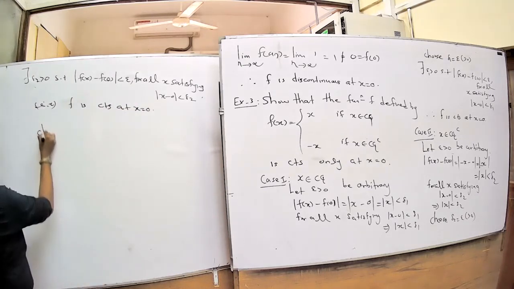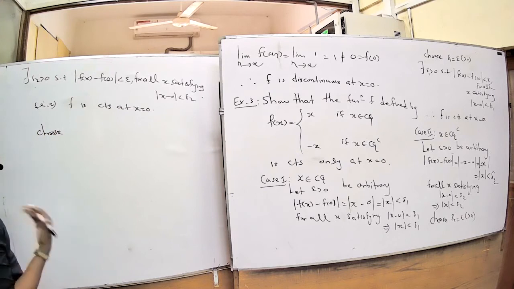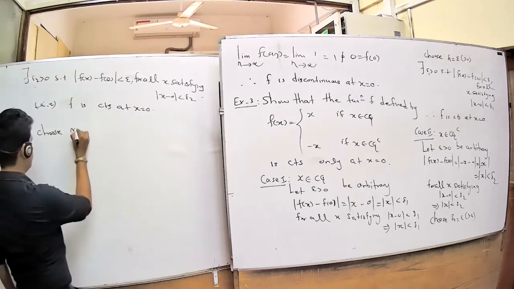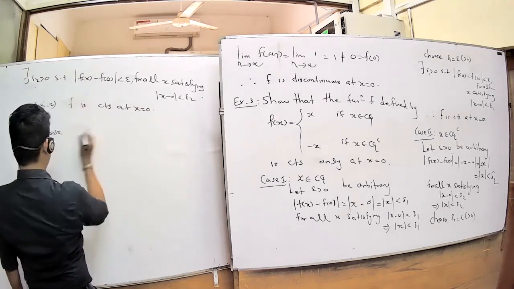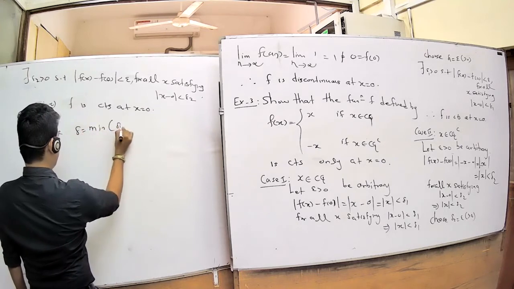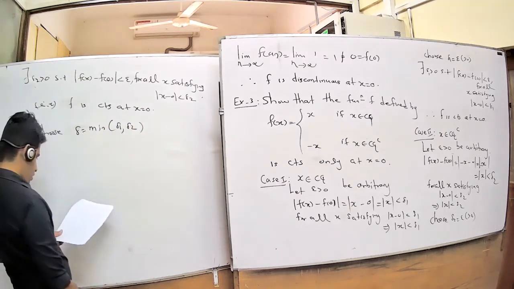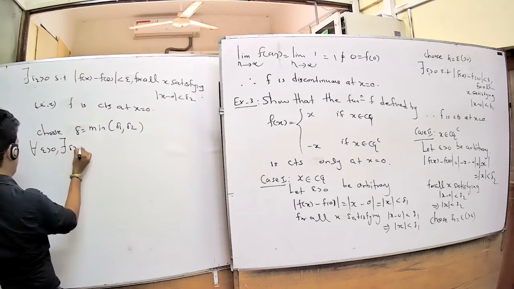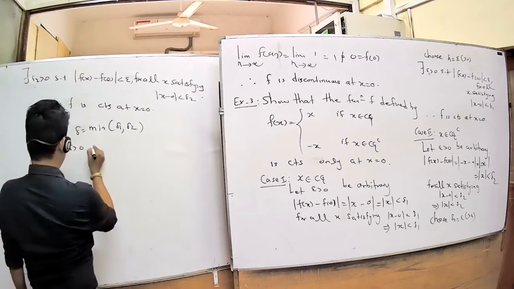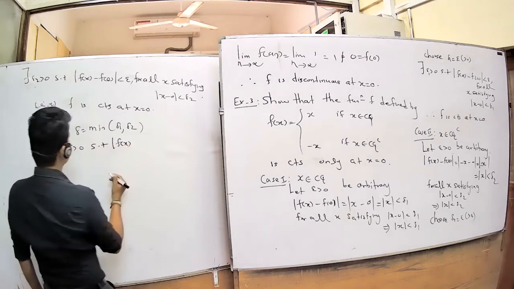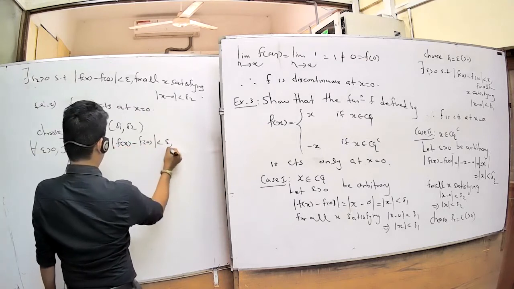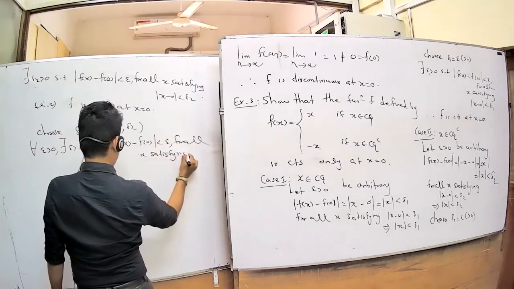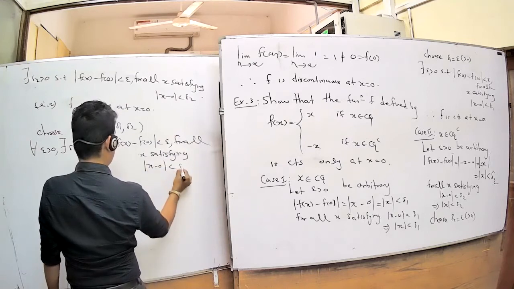From the first case, choose delta equal delta 1; second case, delta equal delta 2. Now choose the minimum of delta 1 and delta 2 as delta. That means for all epsilon greater than 0, there exists delta greater than 0 such that modulus of f of x minus f of 0 is less than epsilon for all x satisfying modulus of x minus 0 less than delta.